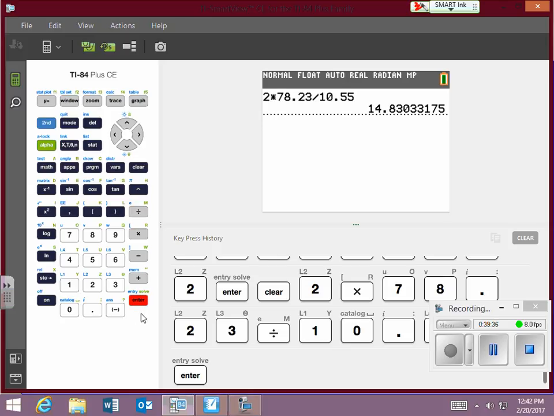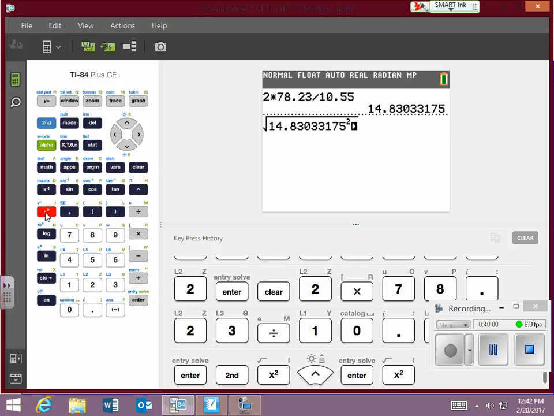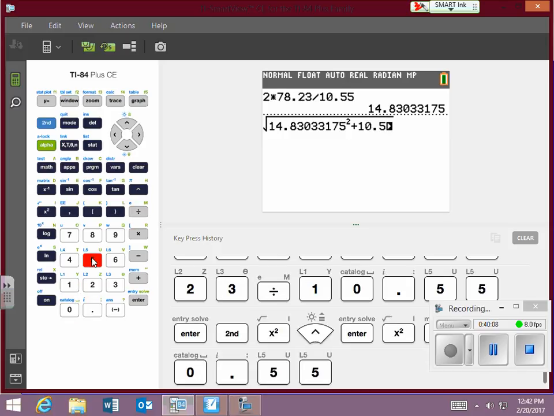Then the C, we have to do what? Square root of that thing up there, squared, plus the 10.55 squared, right? Okay.